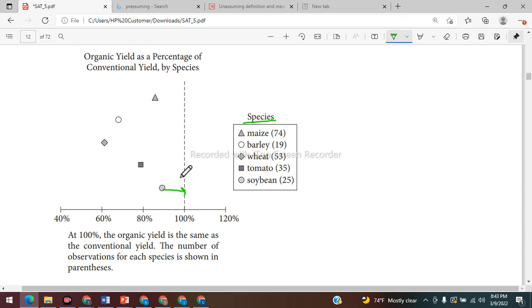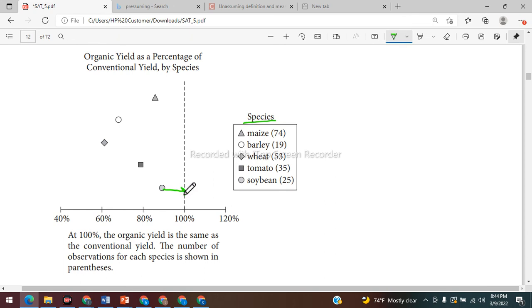So this is saying that if we were to plant soybean organically and conventionally, and tomatoes, barley and maize conventionally and organically, the closest organic crop to yielding the same amount as the conventional crop would be soybean.